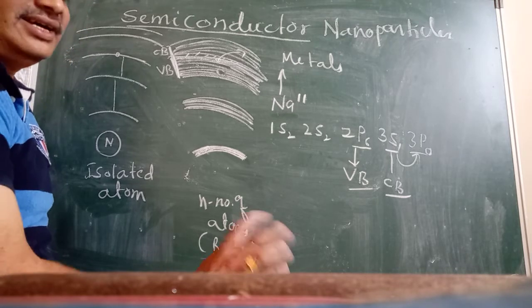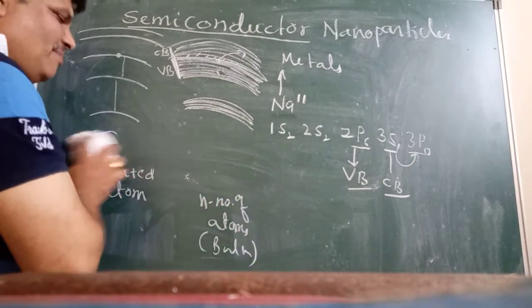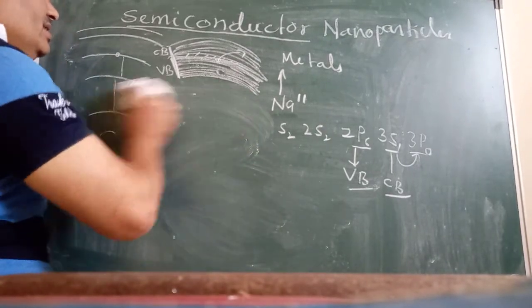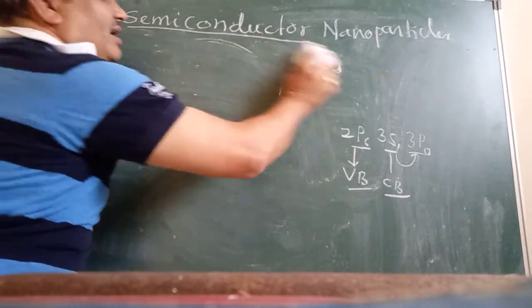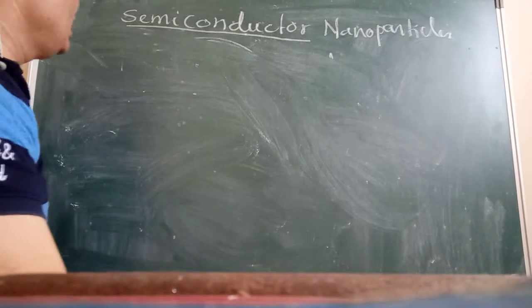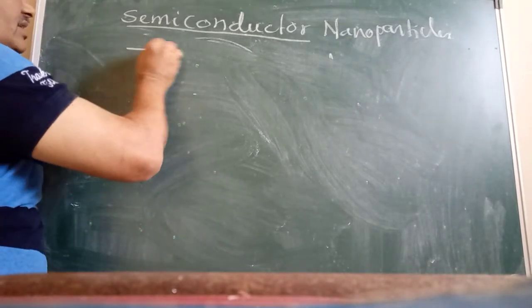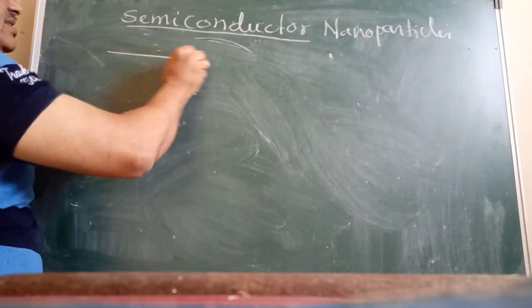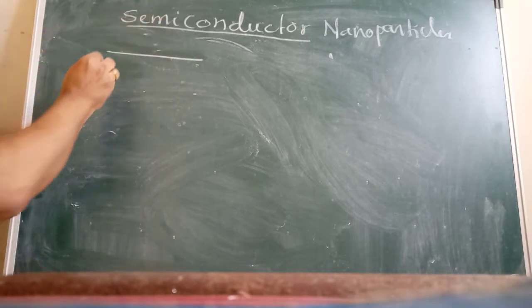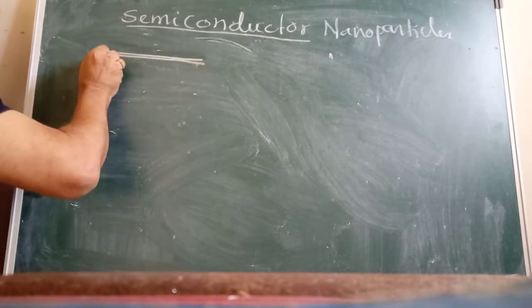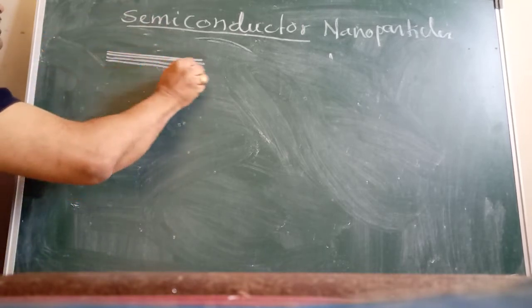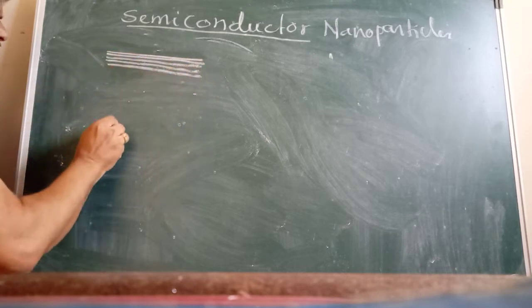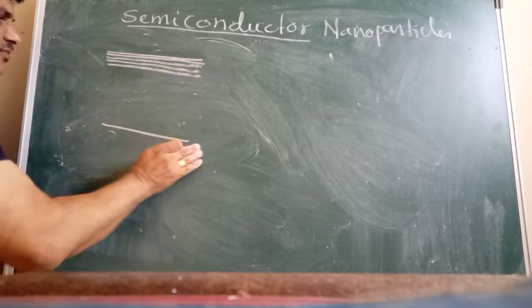There is a gap between the valence band and the conduction band. How does it happen? Consider this is the conduction band, where we get a number of energy levels, and this is the valence band.